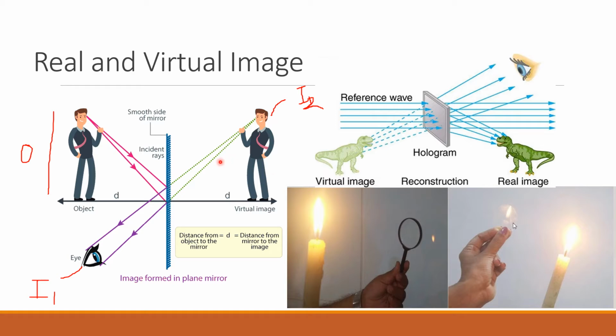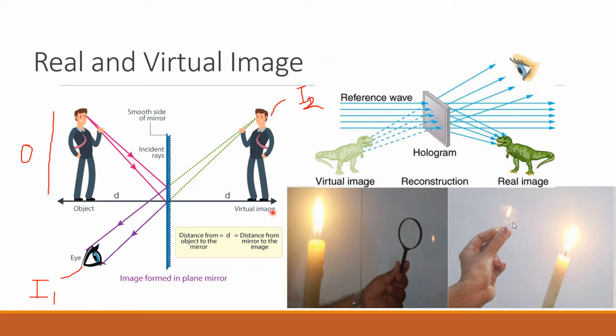So from here we came across two kinds of images, the one which is formed at our eyes and the one which is formed behind the mirror. The one which is formed in front of our eye is real, and the one which is formed behind the mirror is not real, so we will call it a virtual image.